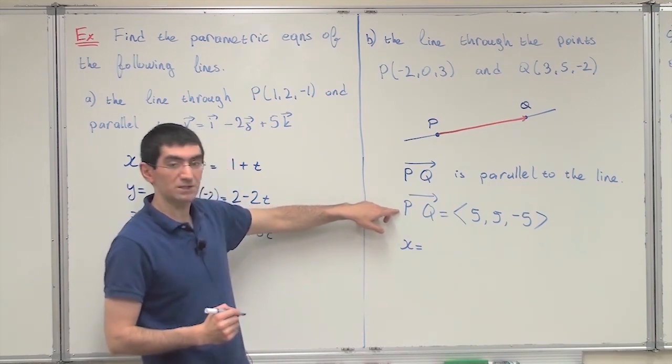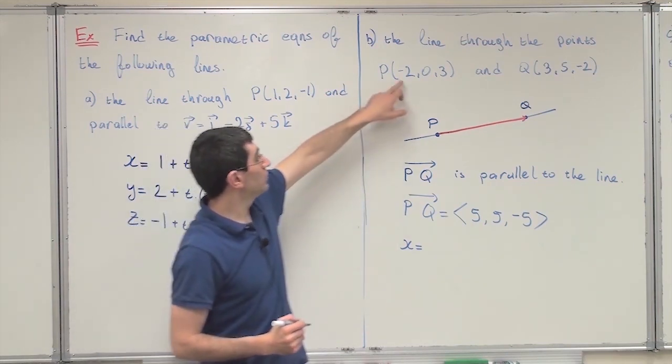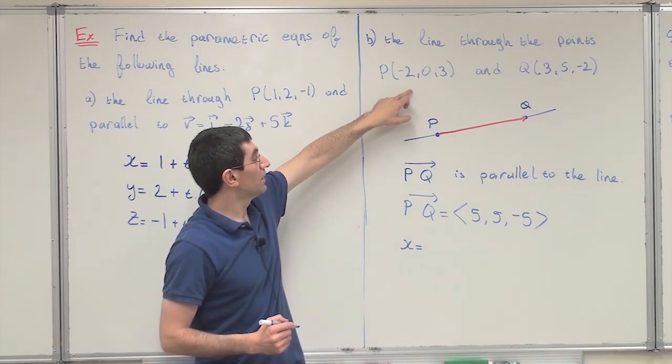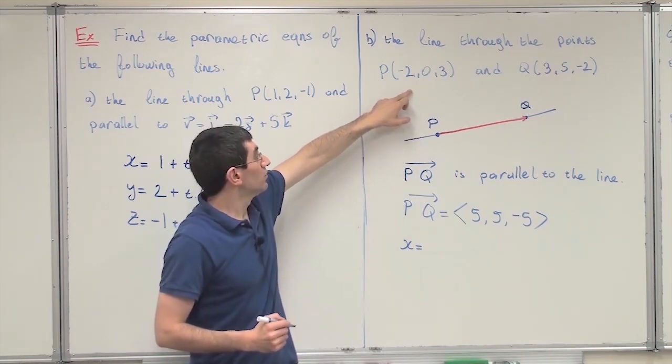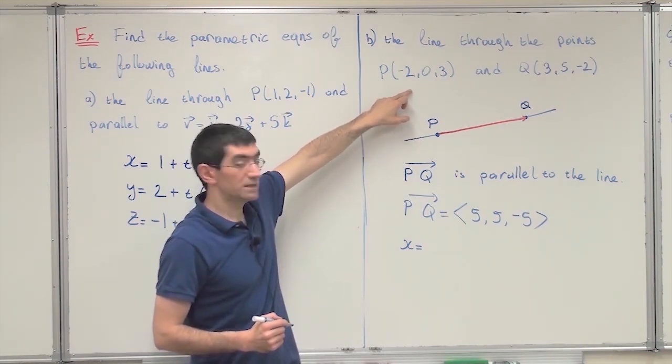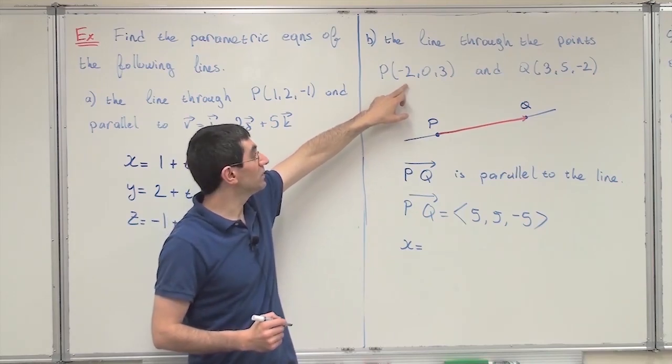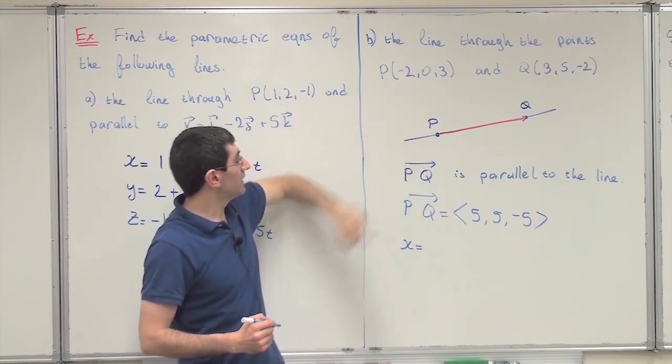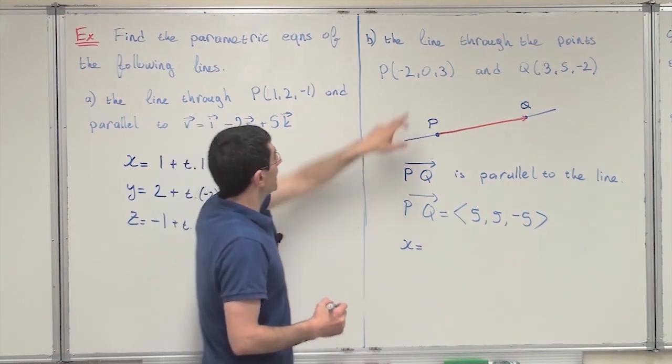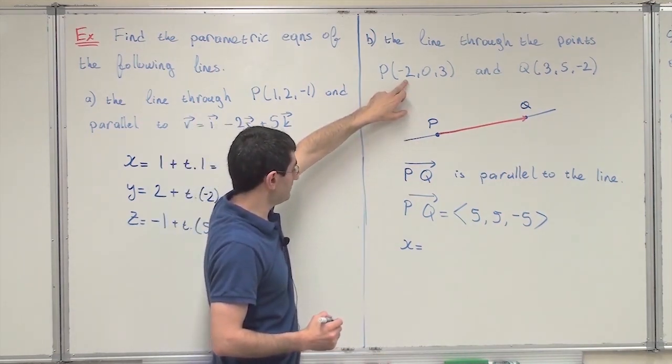You have a vector which is parallel to your line, and you have 2 points which are on your line. Now, you are free to choose any of these points to find the equation of the line. So, I'm going to choose the point P.